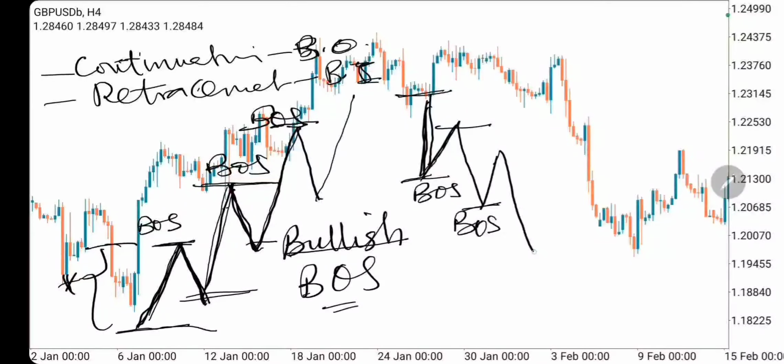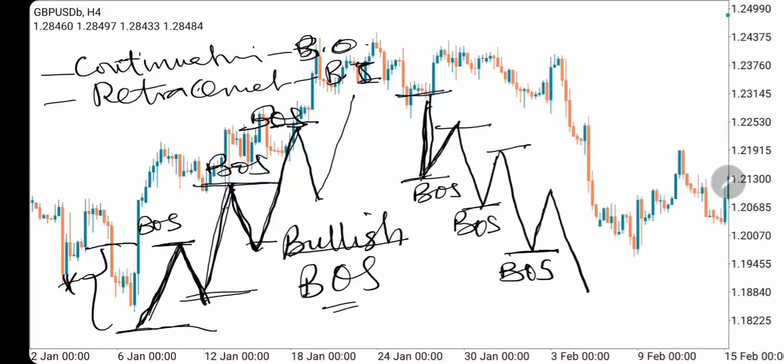Now you have another price range. The market retraces again, buys again in the form of a retracement, and now breaks the previous low, giving us another break of structure.